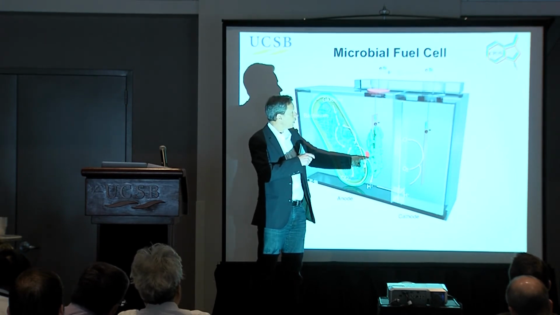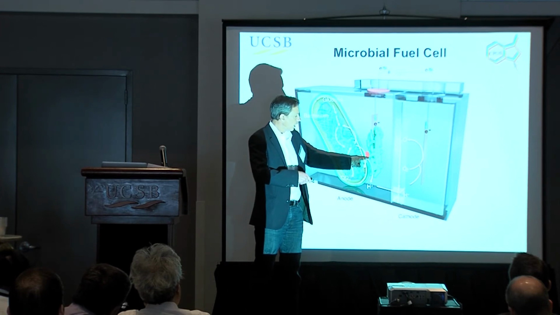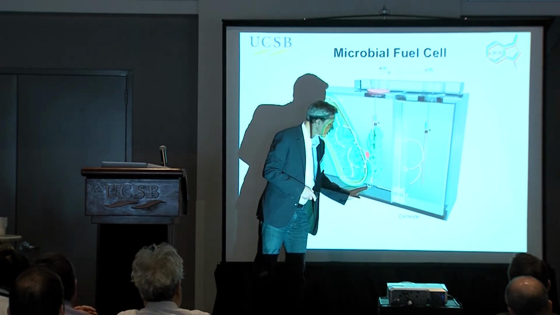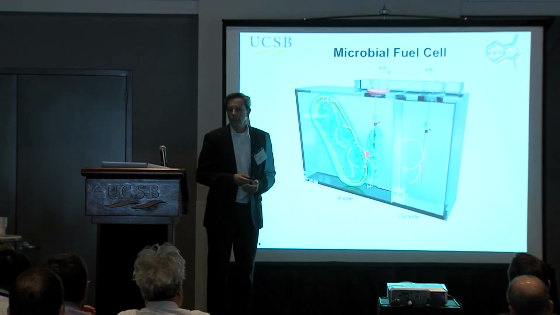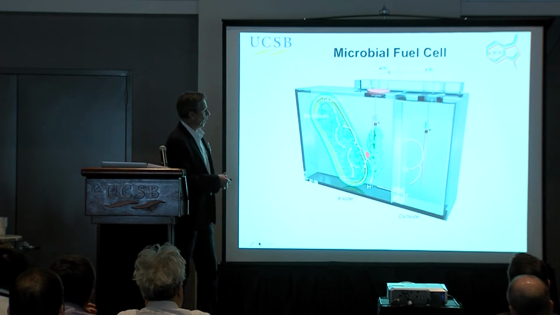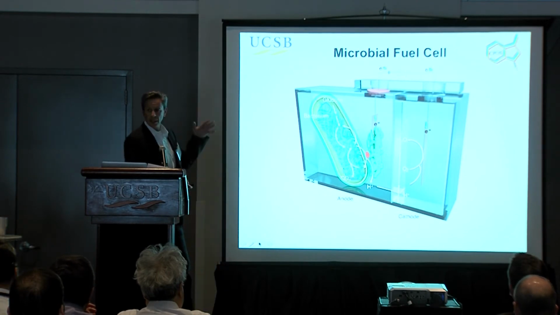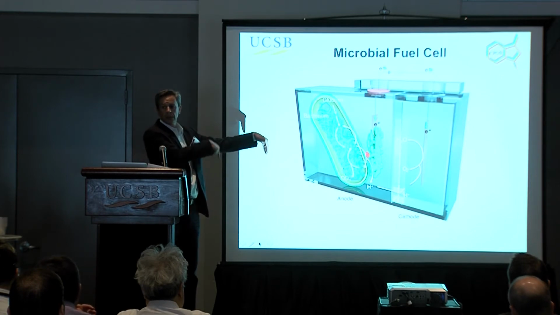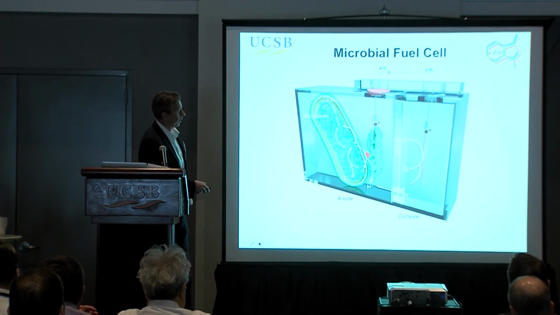And that electron goes around and reacts with the oxygen, creates water with a concomitant motion of a proton from one side to the other. So this is the way this works. Keep it anaerobic, give it food, give it an electron sink where it's going to breathe into. It goes around, reacts with oxygen, and you complete the circuit.